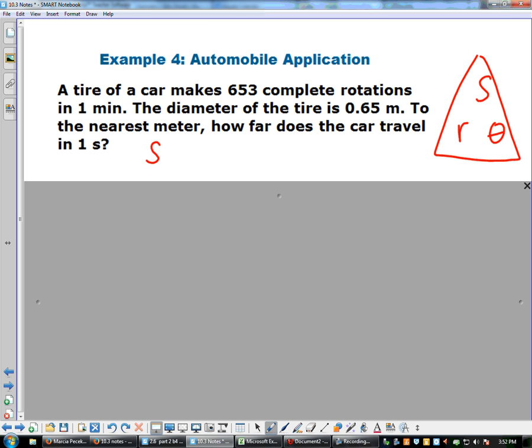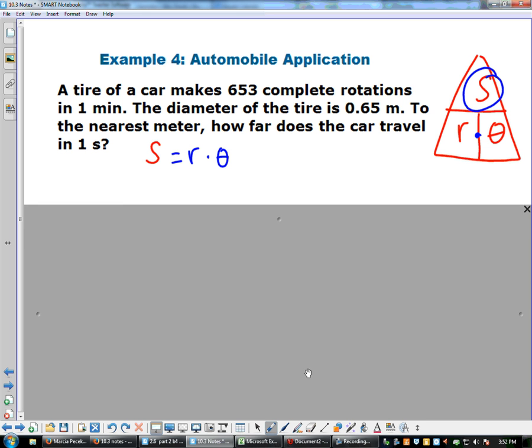In this case, I'm looking for my S value. In order to find that, I need to take my radius multiplied by my angle, when my angle has to be measured in radians, not degrees. So a couple of things I need to find here. First off, let's start with our radius.